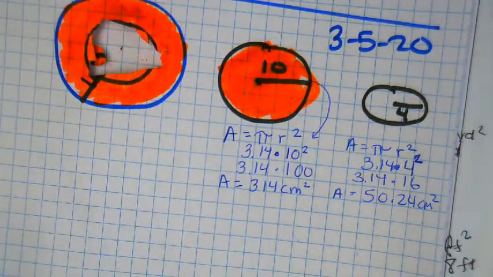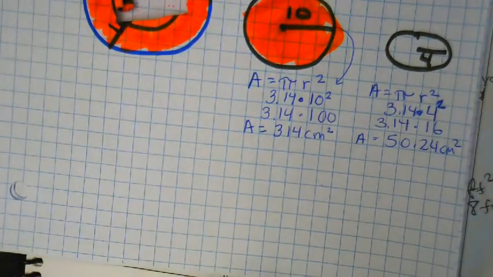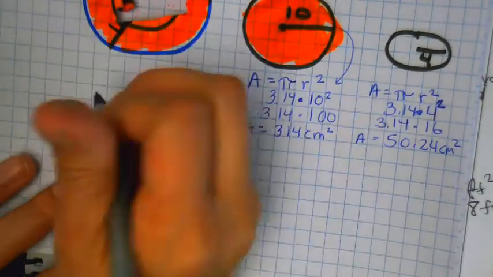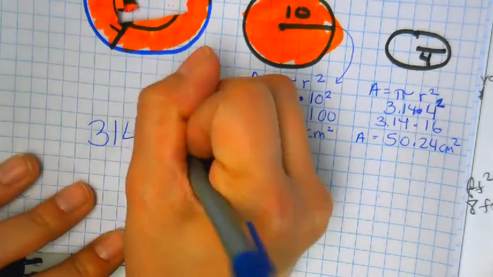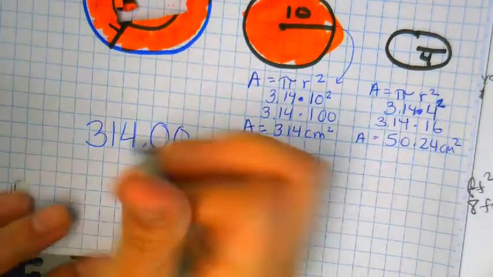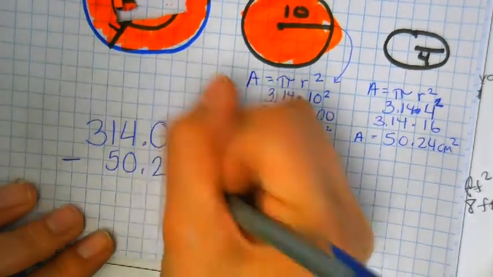Yeah? Okay, cool. Because you might get it on the test. Okay, so everybody take the last step. 314.00 minus 50.24.